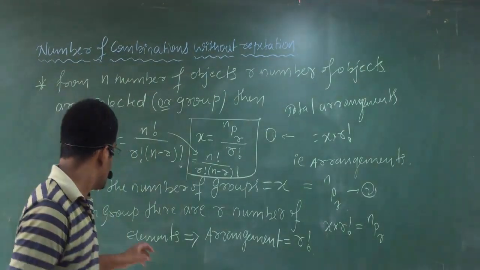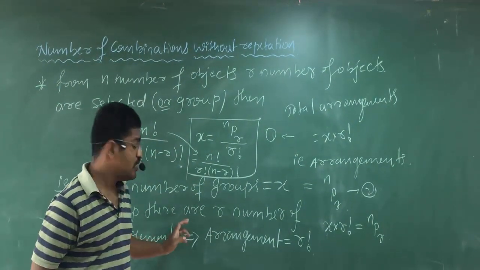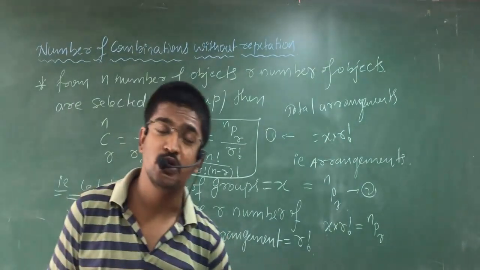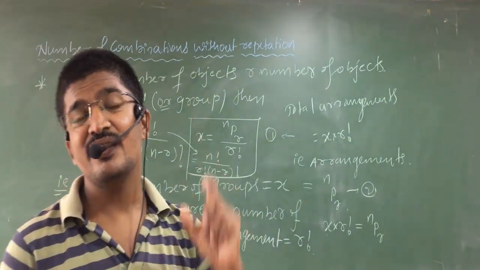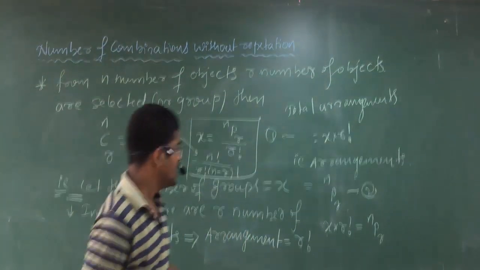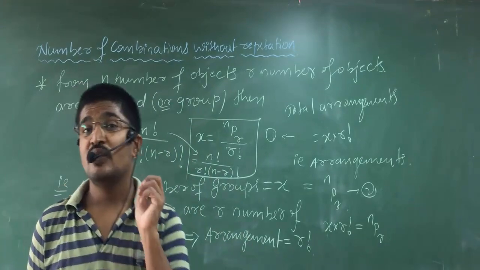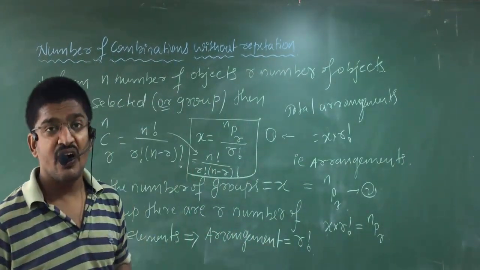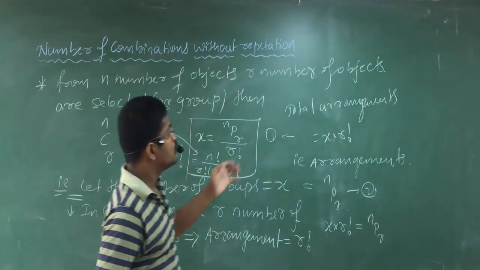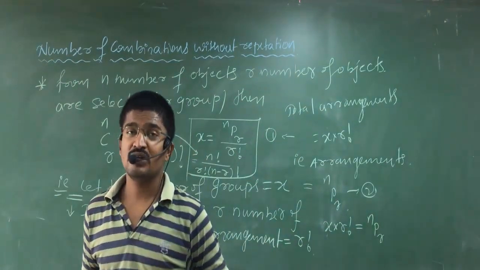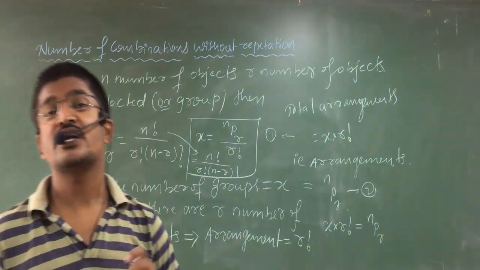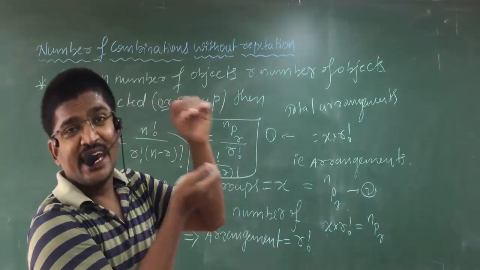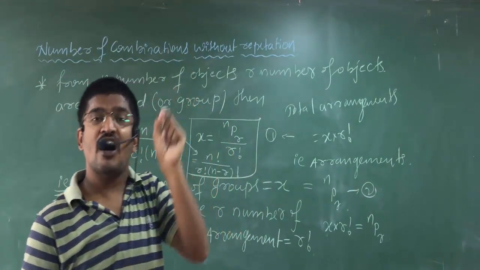So for that reason, there are x groups, and in the groups there are r number of elements. According to permutation, those r elements can be arranged in r factorial ways. Clear? So the total number of arrangements, if I want to calculate, x into r factorial, because there are x groups in total and in each group r factorial.